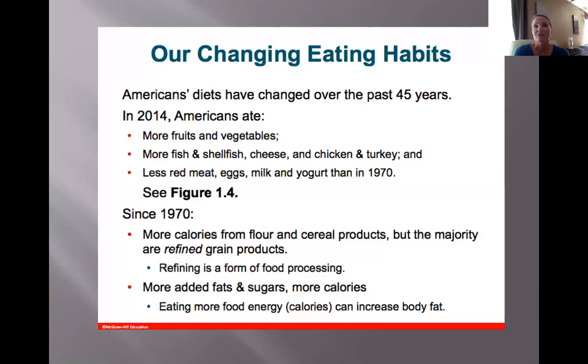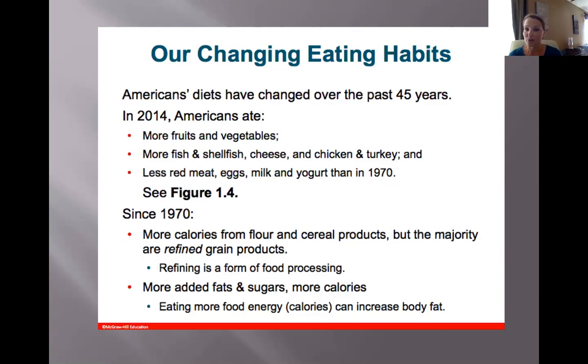And if we think about the American diet, we really have changed quite a bit since the beginning, I guess you could say. In 2014, Americans ate more fruits and vegetables. They also ate more fish and shellfish, cheese, chicken, turkey, and less red meat, eggs, milk, and yogurt than in 1970.